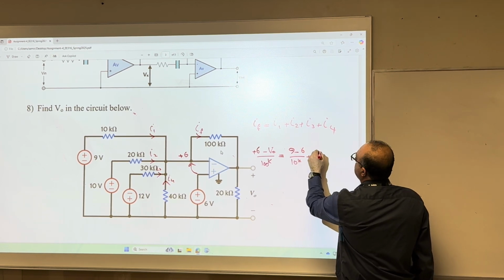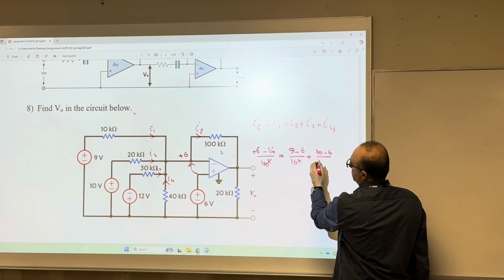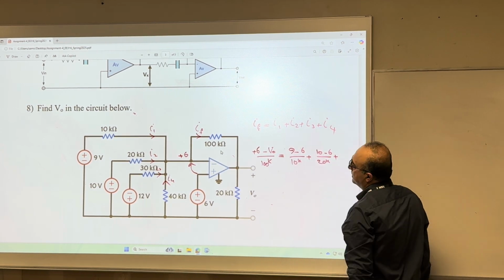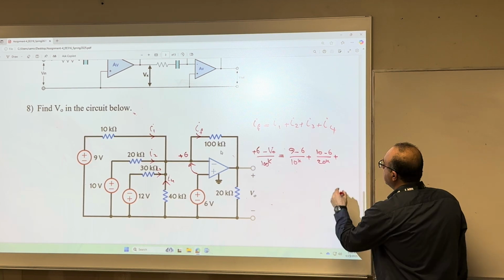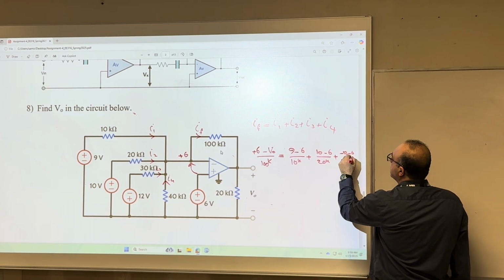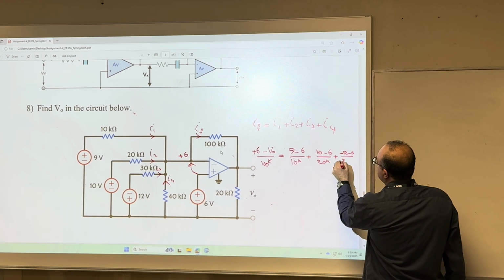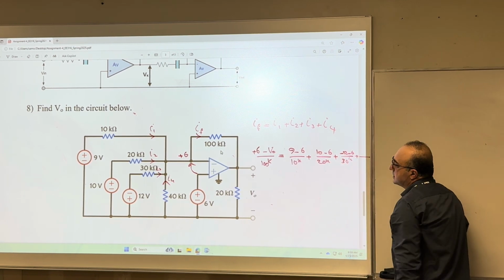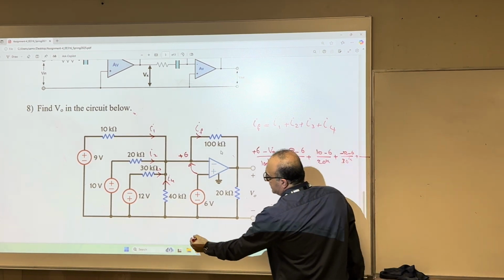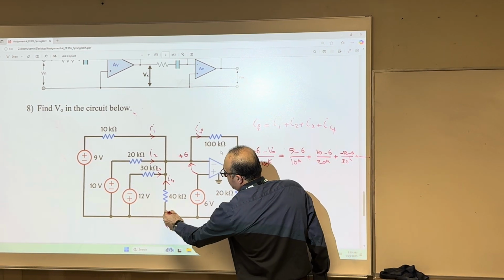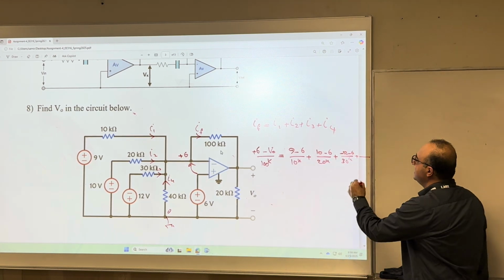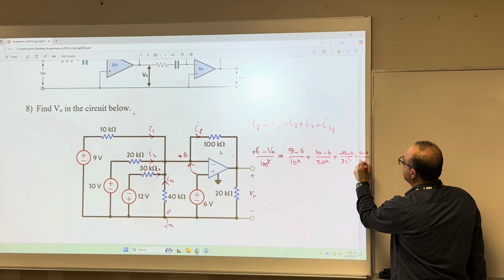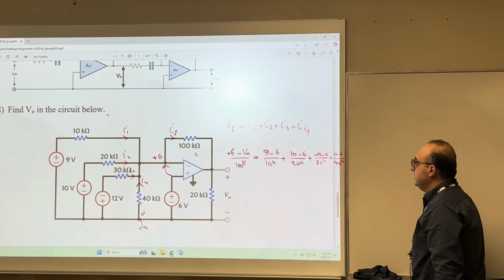Then 10 minus 6 over how much? 20. And this one is going to be negative 12. The other one is going to be negative 12 minus 6 over 30k, plus what? 12 minus 6 over 0, 0 minus 6 over 30.